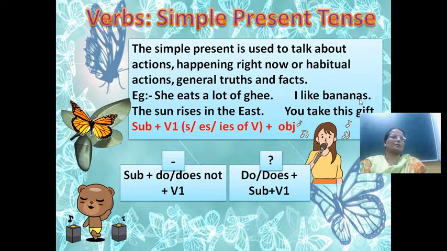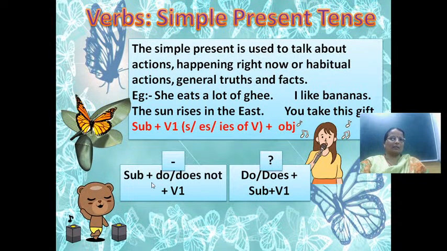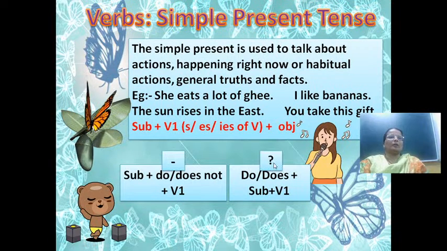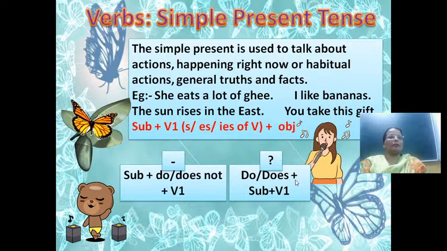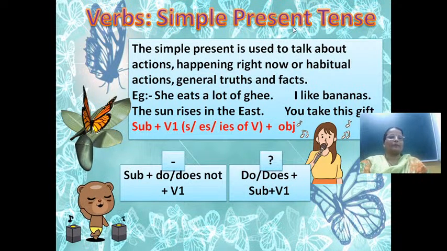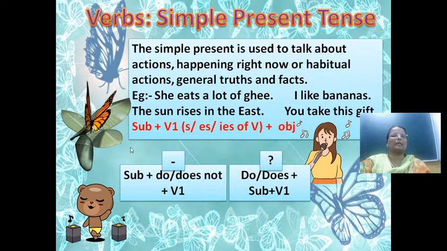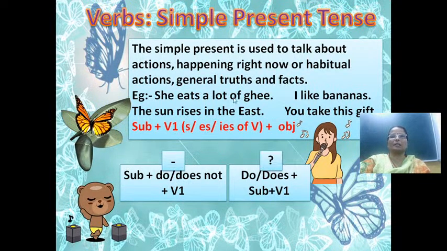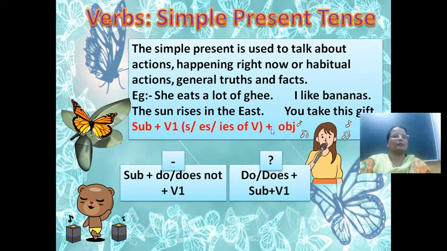I hope you understood how to make negative sentences. Okay. Now, look at the next box. That means if you want to frame questions with the simple present tense. These are all the things which we learned in the last class, but there was no presentation. That's why I am just explaining it once again. Okay.